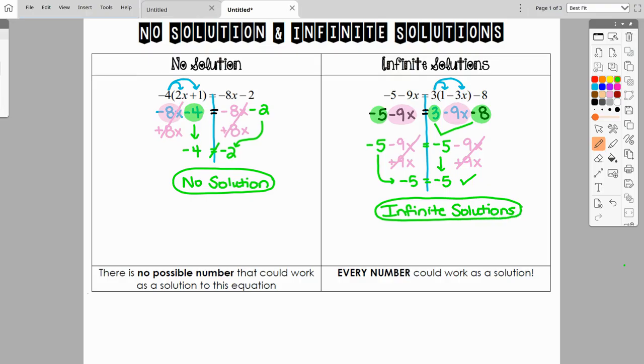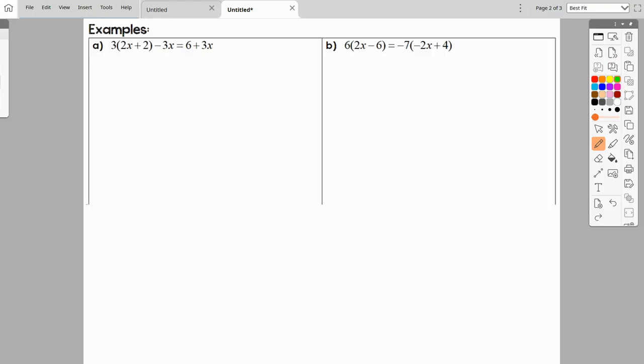Okay, let's try to practice some of these. In example A, again, I'm going to go ahead and start by distributing when I have a number in front of my parentheses. Distribution requires multiplication, so 3 times 2x is 6x, and then 3 times 2 is 6. I'll bring down the negative 3x on that same left side, and I'll bring down the right side because I left it as is.